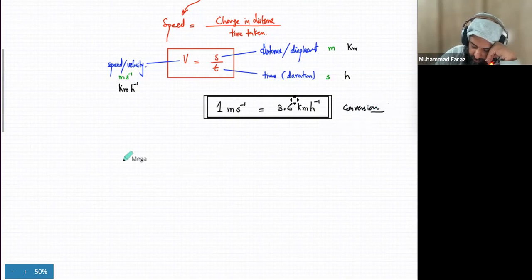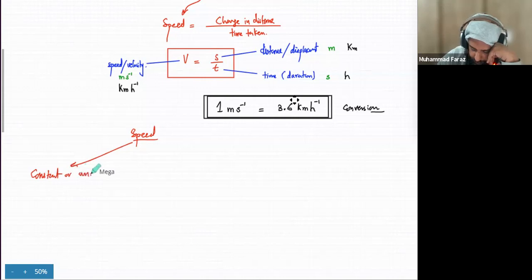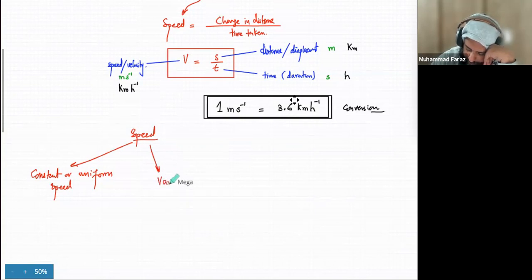This is conversion relation. Speed can have some forms: constant or uniform speed, variable speed, instantaneous speed.